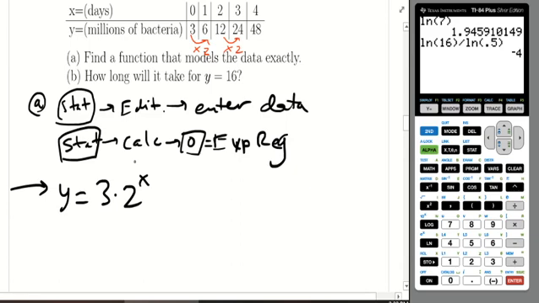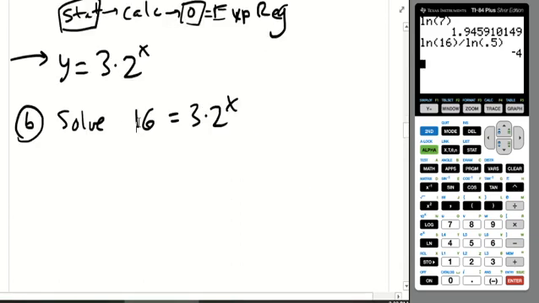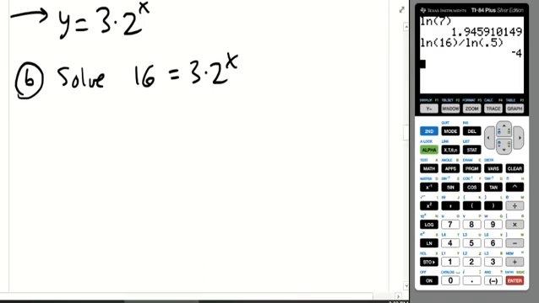Now, 16 is a whole number power of 2, so if this were just 16 equals 2 to the x, I would know the answer would be 4, because 2 to the 4th power is 16. But that's not what we're doing here. 16 divided by 3 is not a whole number power of 2, so we have to use logarithms to get the exact answer.